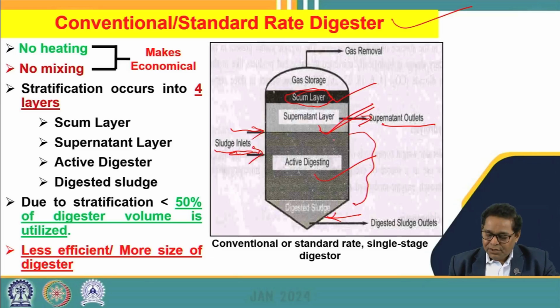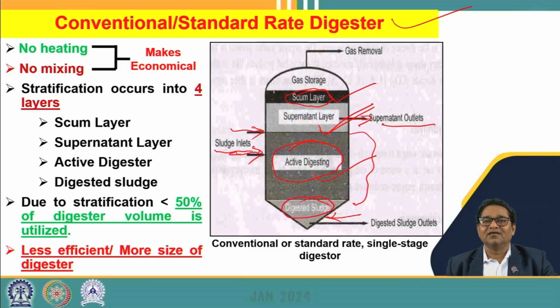Below this is the active digestion zone, where the bacteria are in the active digestion phase and try to digest the organic fraction. This is the major component of the digester, where the active digestion takes place and converts the sludge into digested form. And when the sludge is converted into digested sludge, what happens?